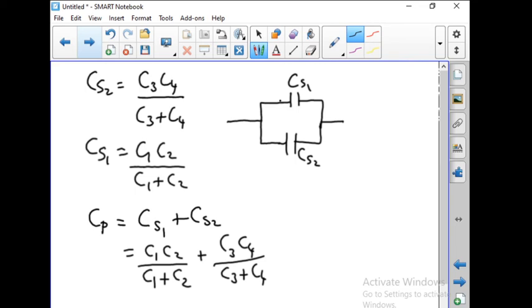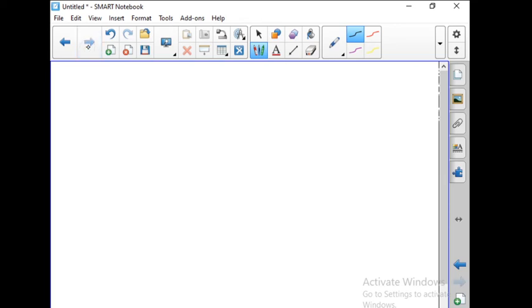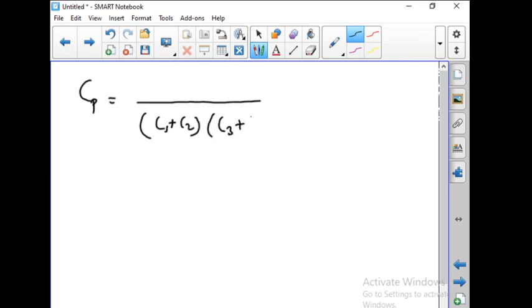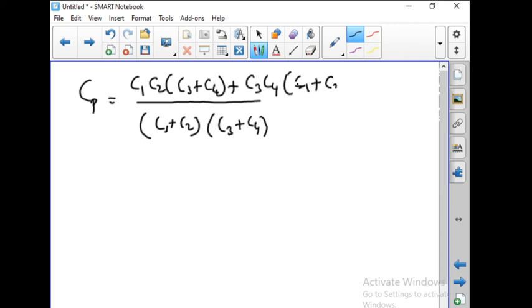So how will you write? You can write this as Cp is equal to C1 C2 into C3 plus C4 plus C3 C4 into C1 plus C2, by C1 plus C2 into C3 plus C4.